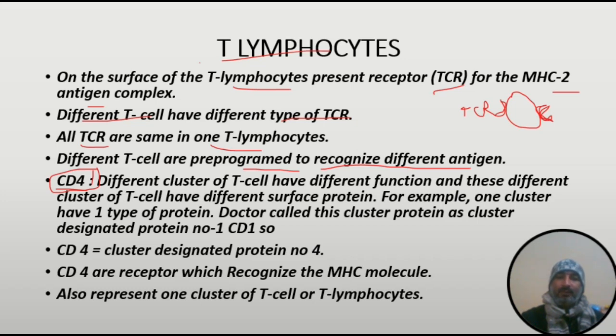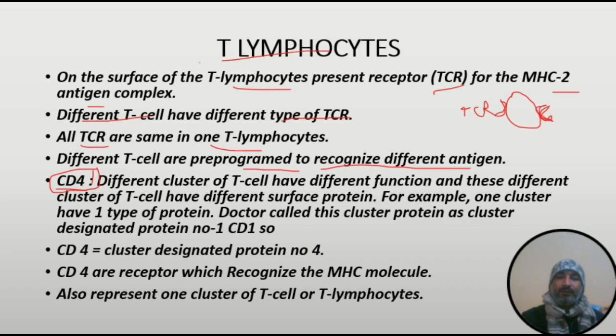For example, protein number 4 is present on a specific cluster of cells. So they gave that protein the name cluster designated protein number 4.